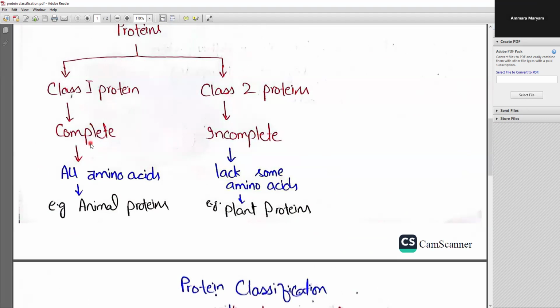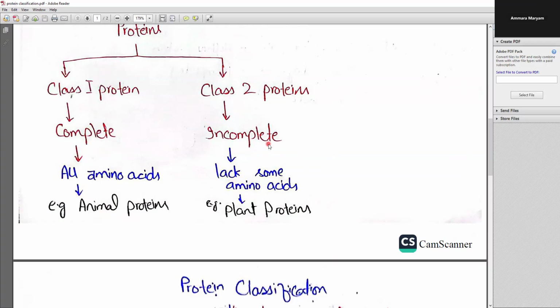They are known as complete proteins because all the required amino acids, essential as well as non-essential, are present. Examples of such proteins are the animal proteins.